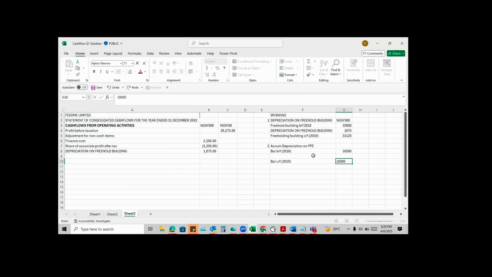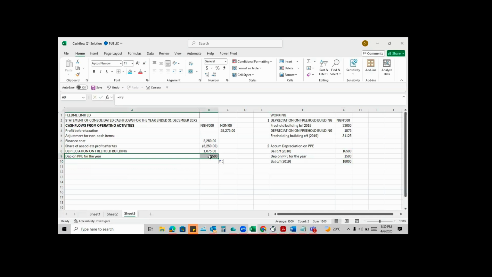So what would have increased our accumulated depreciation would have been depreciation for the year. Depreciation on PPE for the year. That difference is what would have accounted for this increase. Straightforward. So we have depreciation sorted out.